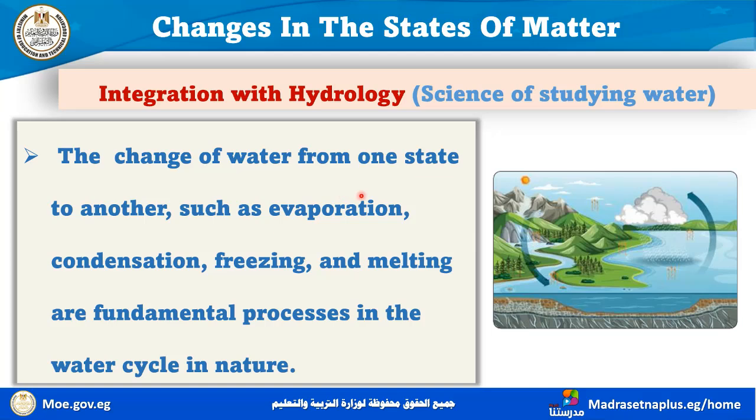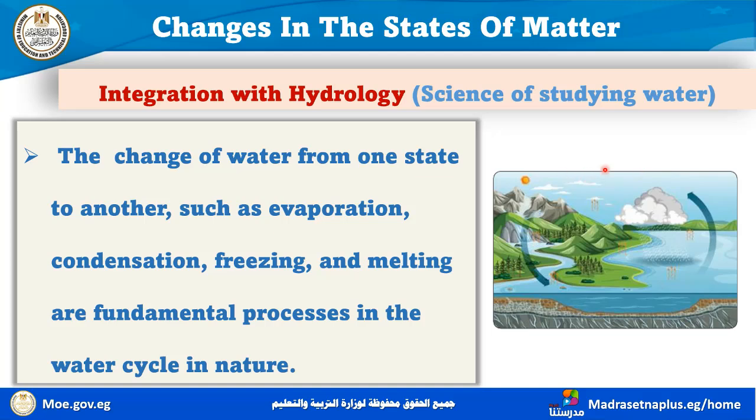The change of water from one state to another is called the water cycle, and this happens in nature every day, and this process keeps the water clean and pure and allows the water to be changed from salt water, of course, to fresh water by turning the water from seas and oceans into water vapor, then to the clouds.